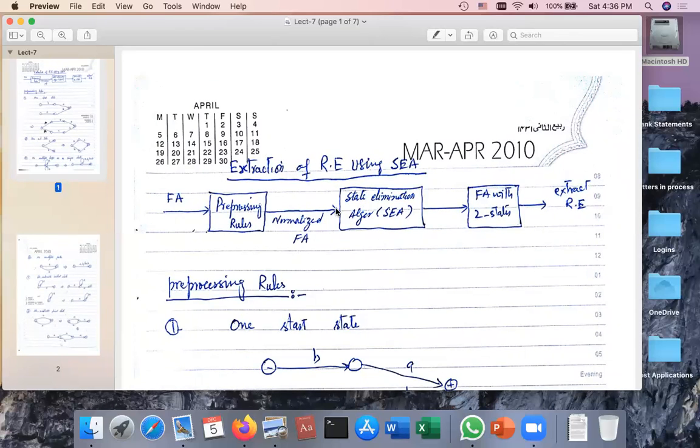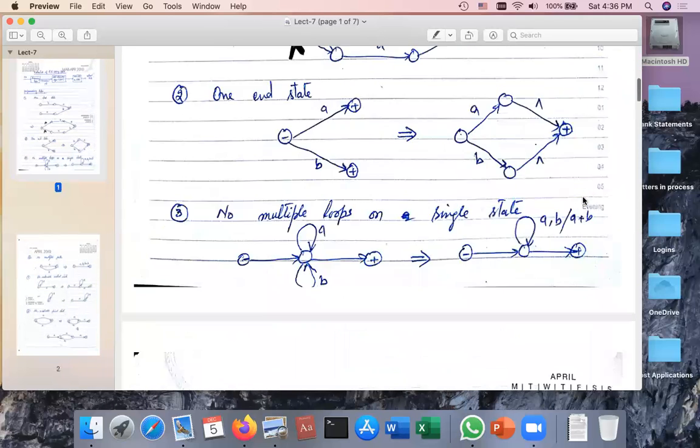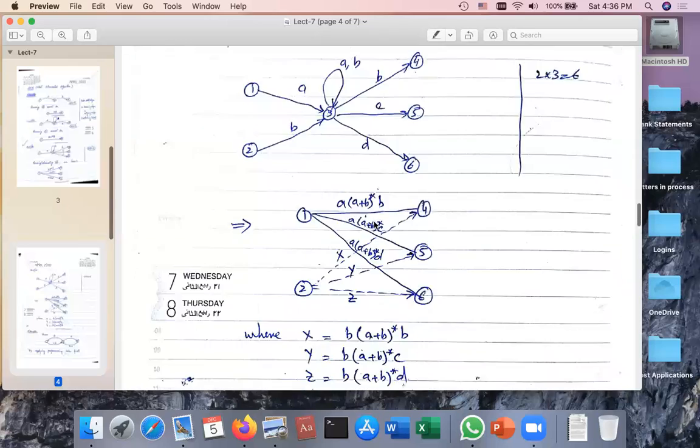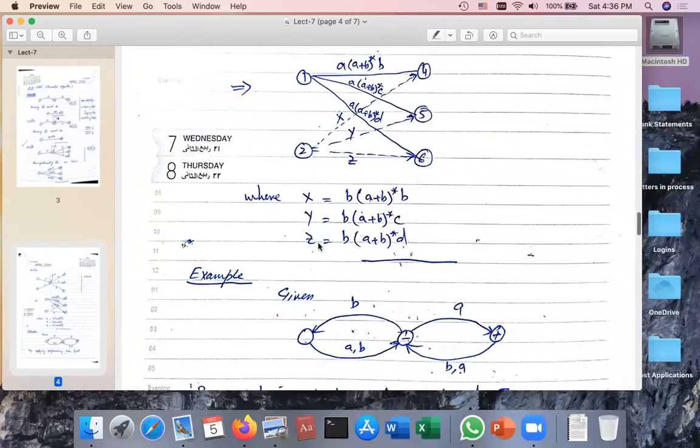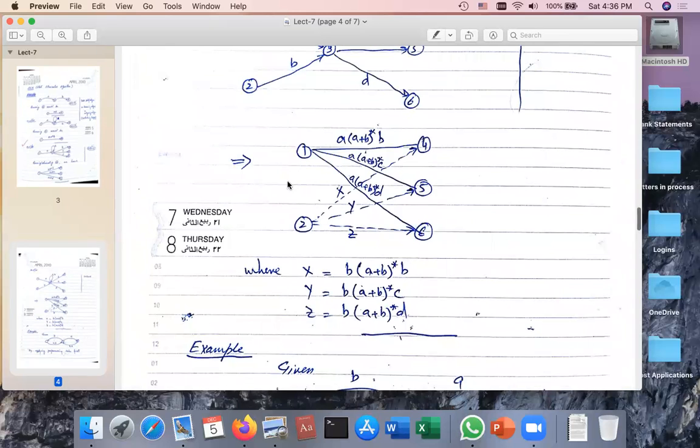So after applying the state elimination algorithm until the stage in which your FA has two states, then you have to stop, and then you will get your regular expression automatically. For example, here you can see I am getting my regular expressions, x, y, z, or whatever. Still, the states are many, so I cannot conclude something finally.